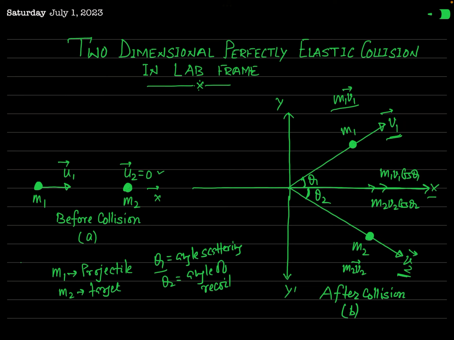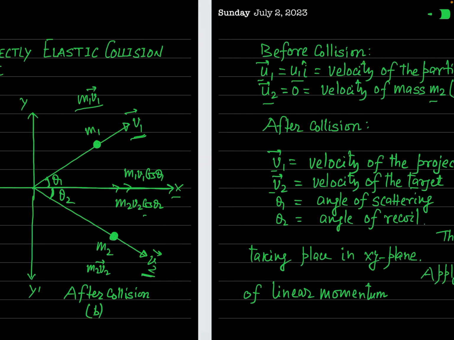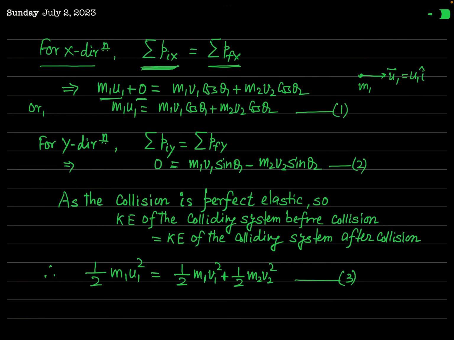So the total linear momentum of the colliding system in the x direction after collision will be the sum of these two components, that is m1 v1 cos theta 1 plus m2 v2 cos theta 2. So you can see I have written that after collision, the total momentum in the x direction of the colliding system is m1 v1 cos theta 1 plus m2 v2 cos theta 2.